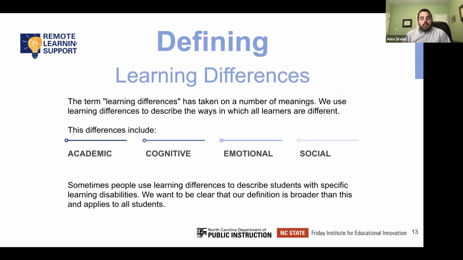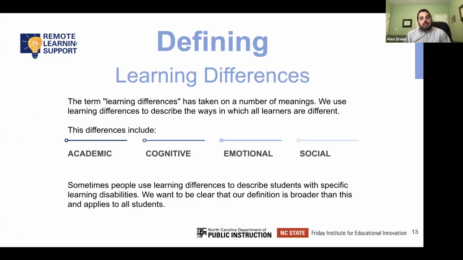If you take anything away from the way that we're thinking about it, it's that it's a more inclusive, encompassing term than something like learning disabilities. We don't mean it as a politically correct way of referring to students with learning disabilities. Students with learning disabilities certainly have many learning differences, and you'll see examples of that. But learning differences can mean things like a student might have a challenge with working memory, or a challenge with motivation.